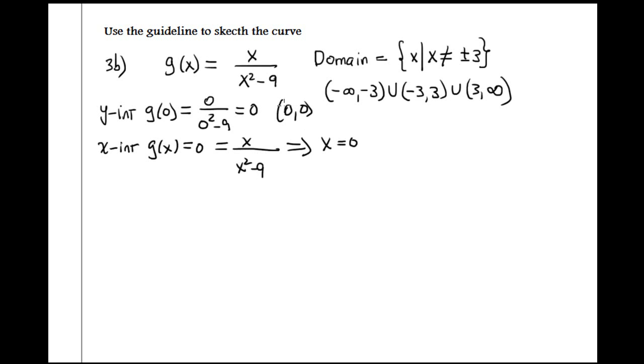Okay, let's go to the vertical asymptotes. Remember the zeros of the denominator that we computed before, plus or minus 3. So you need to investigate the behavior by applying the limit when x approaches 3 from the right of our expression.